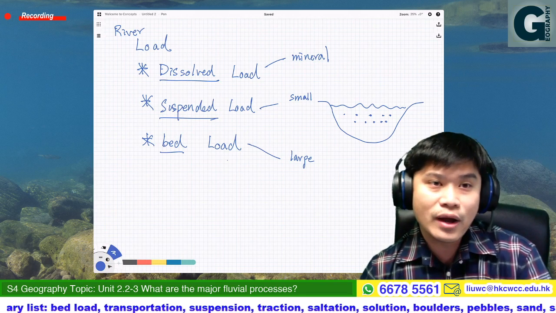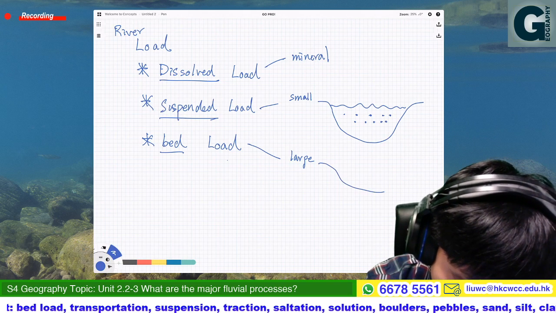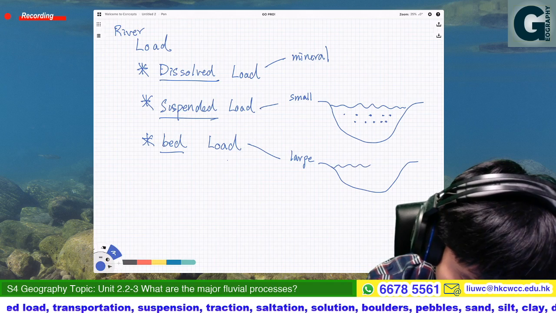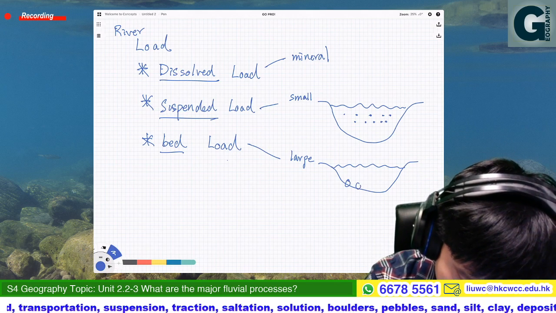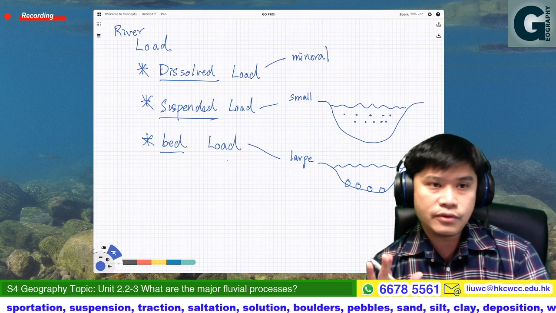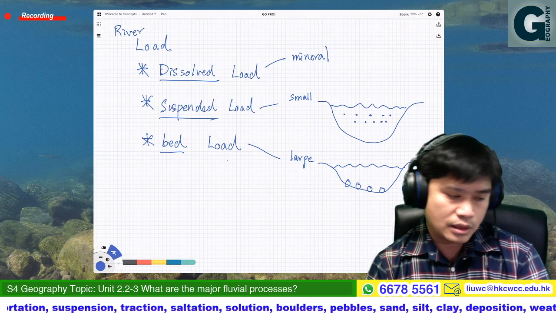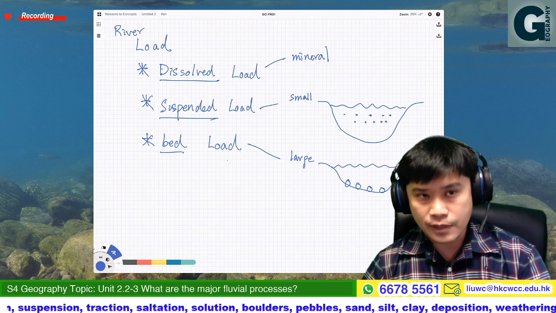So where is the bed load? If I draw the cross section of the river, bed load, of course, would be at the riverbed. So from your textbook, we can divide the load into three types.